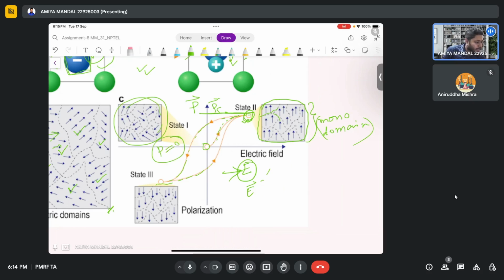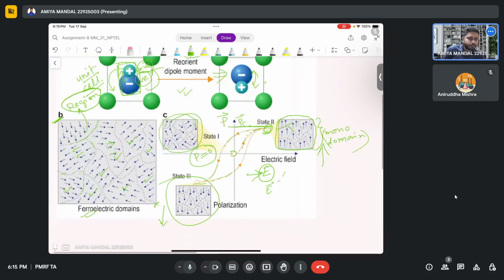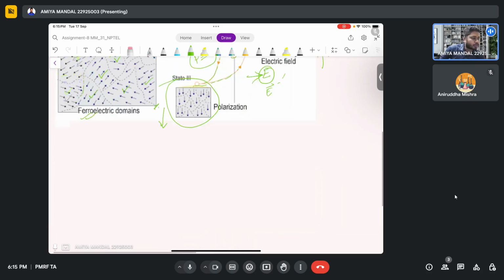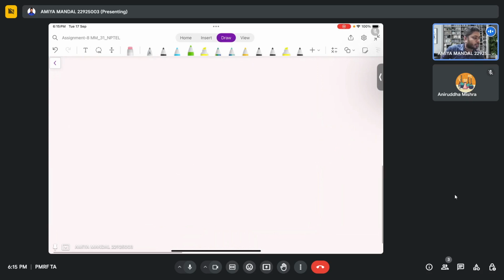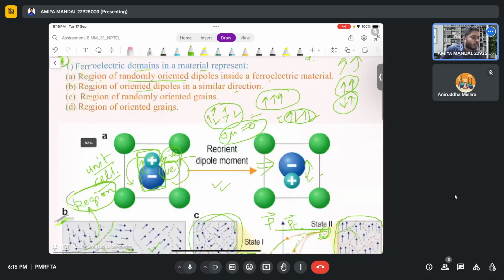Similarly, at this point, this is state 3, where there is a net polarization. Here, the net polarization was in this direction. Here, the net polarization was in the opposite direction. This is the change of polarization in the material. So you have learned about the ferroelectric domains.